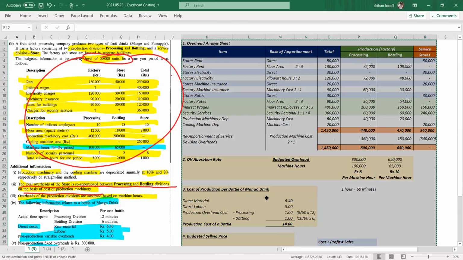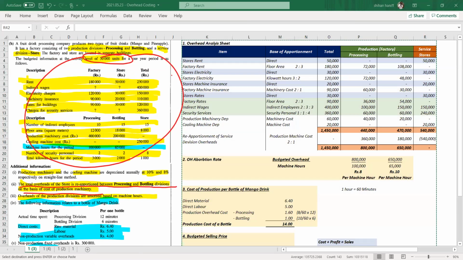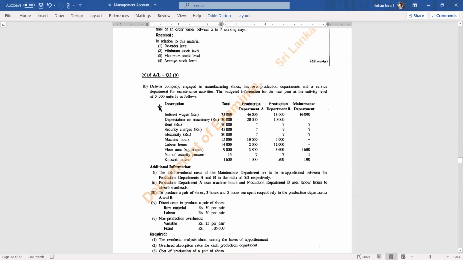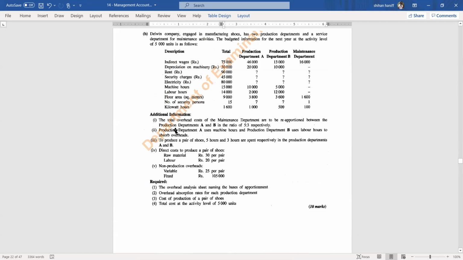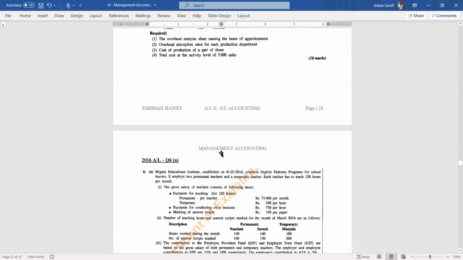We will do some more questions, and if possible, try to do another past question as homework. In the next session, I will discuss a few more questions. If possible, try to do the 2017 paper, and you can also try other questions. Question 16 and all, it's easy. In the next class, I'll explain the other questions related to this. Okay.